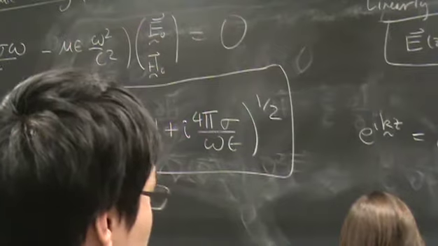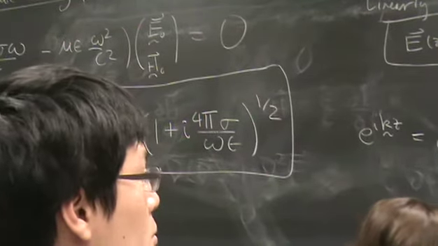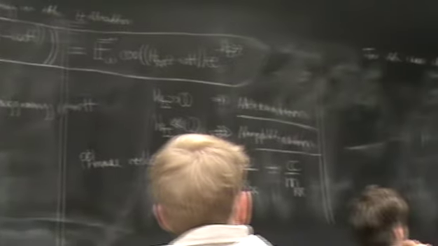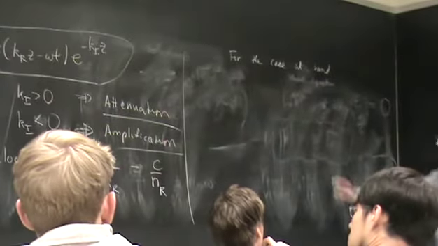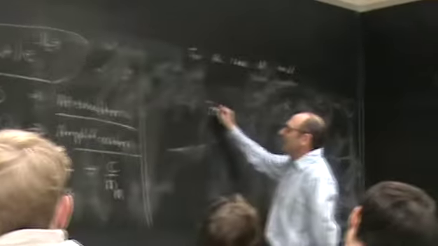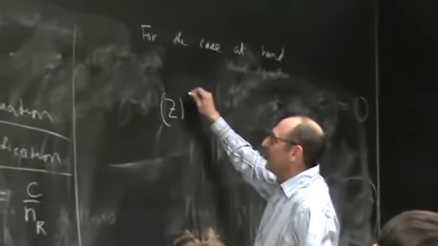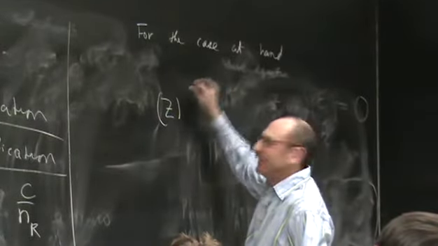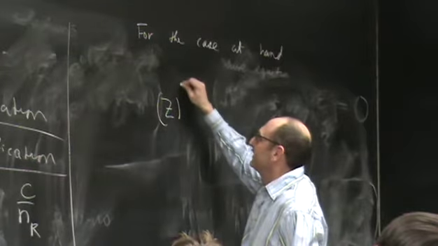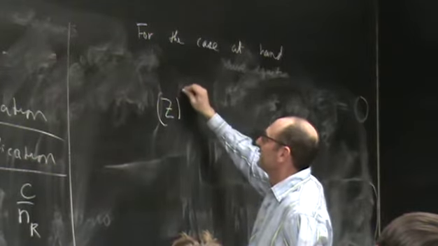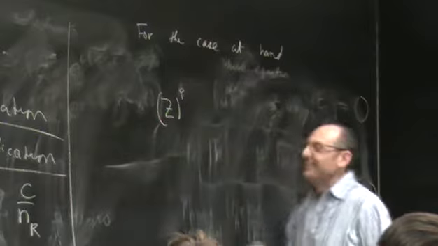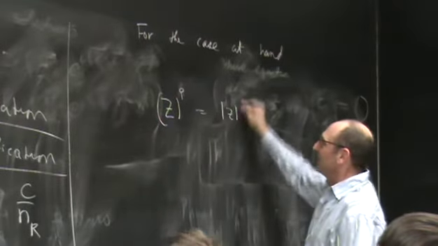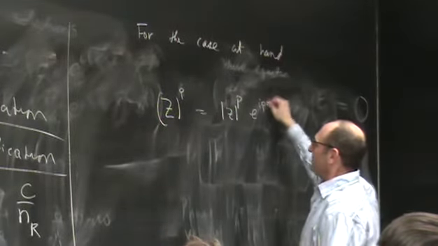To take an exponent of a complex number, you write it in terms of amplitude and phase. Always. Okay? So if I have a complex number z, and I want to know what it is to some power, name a letter, p, I write this as the magnitude to the p, e to the i p phi.